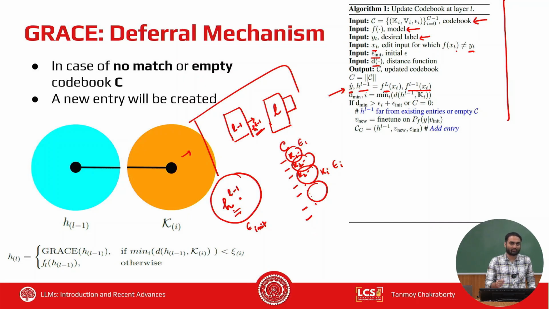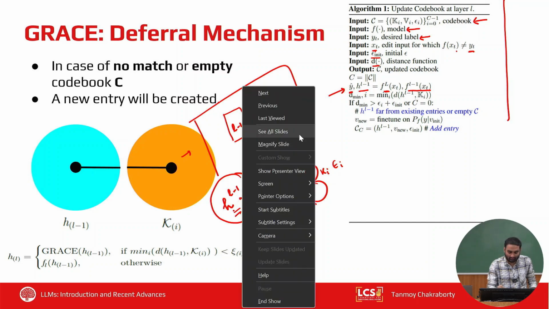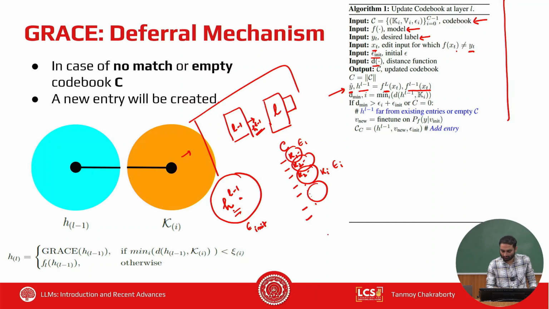Okay, to check whether this particular knowledge exists or not, and how do you do that? We measure the distance between h_{L-1} and each of these k's, k_i. And which one will I pick?